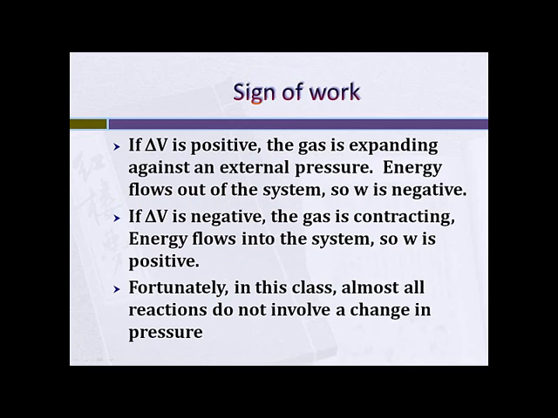If delta V is positive, then the gas is expanding against an external pressure. Energy flows out of the system, so work is negative. The opposite is true if the change in volume is negative. The gas is contracting. The surroundings are pressuring the system. Energy therefore flows into the system, so work is positive.